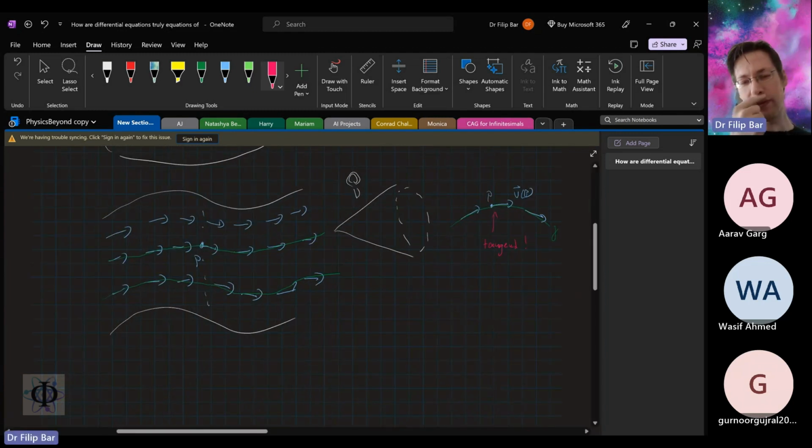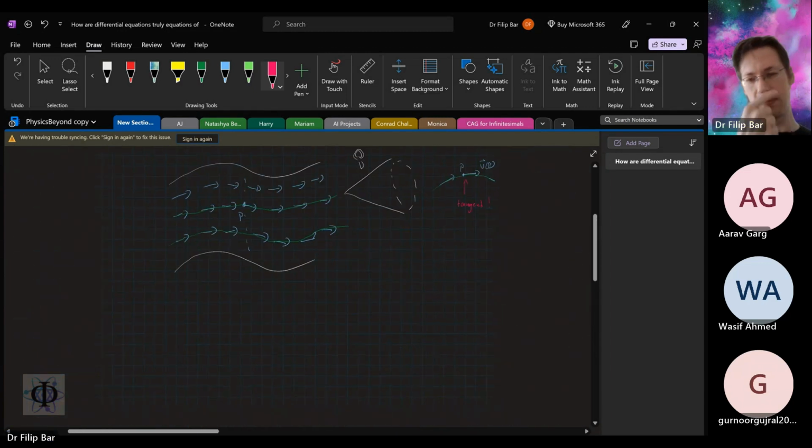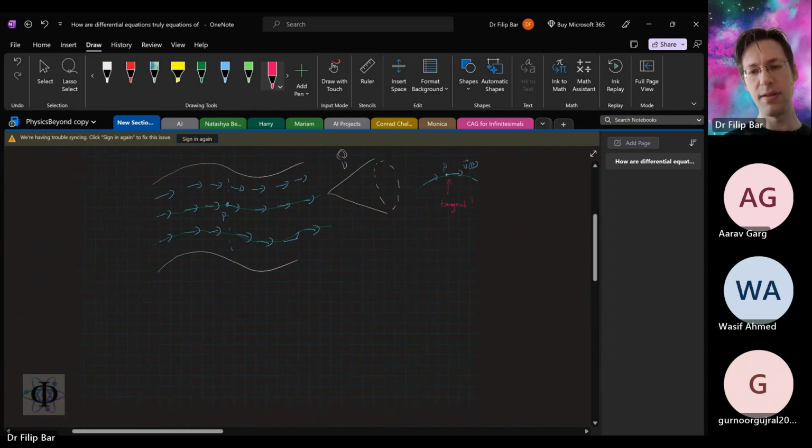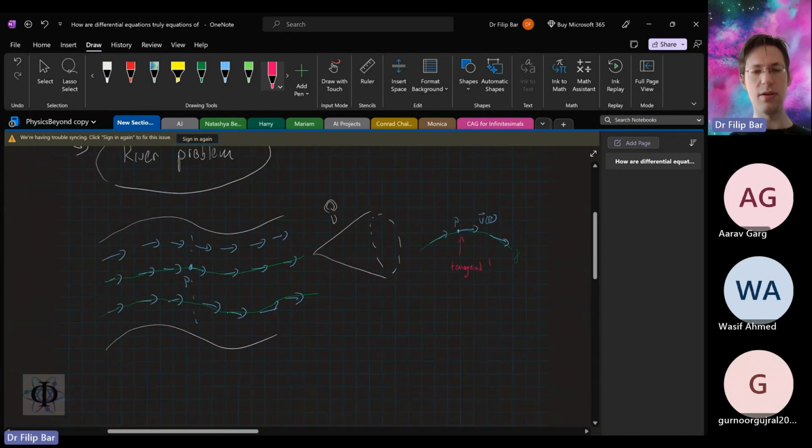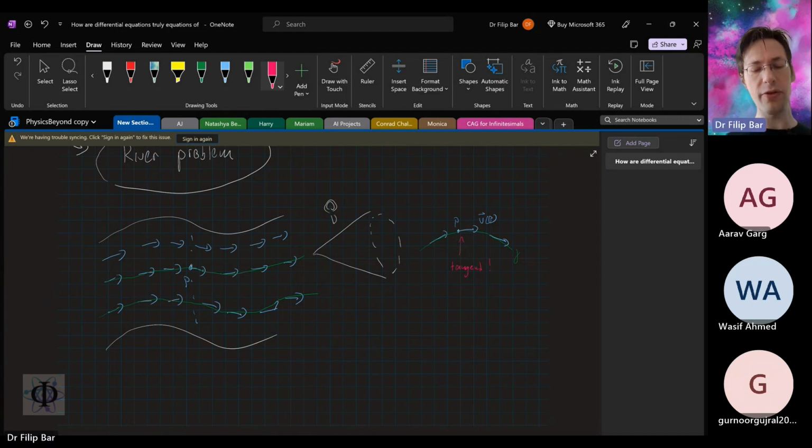Now, how is the river problem modeled by a differential equation? For that, we now need to piece together all these different pieces of information that we had. We said we first need to know the velocity at each point on the river.